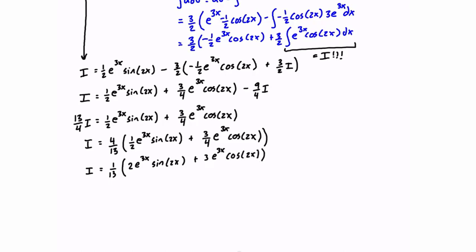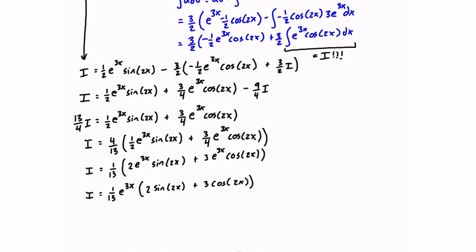And then what we can do is actually we can pull out e to the 3x because that's in both terms. So we'll just get I is equal to 1 over 13 e to the 3x all times 2 sine of 2x plus 3 cos of 2x.